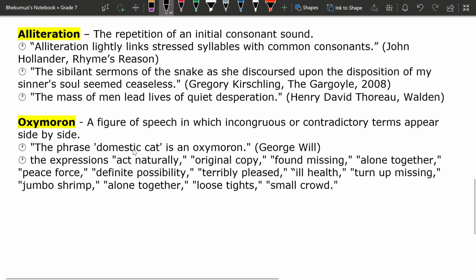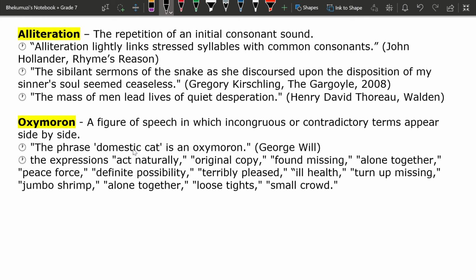And then you have the oxymoron. The oxymoron is a figure of speech in which contradictory terms appear side by side. So when there are two terms that contradict each other, then there's an oxymoron, right? The phrase domestic cat is an oxymoron, right? Have you ever heard someone saying, okay, act naturally, right?